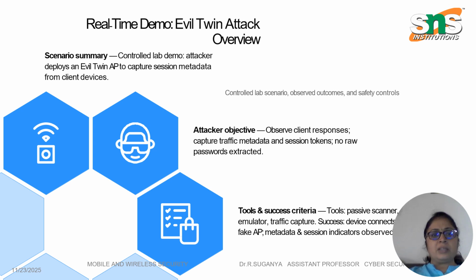The evil twin attack is also one of the scenarios. In the control lab demo, the attacker deploys an evil twin access point to capture session metadata from client devices. The attacker's objective is to observe client responses to capture traffic metadata and session tokens. Whenever they respond, vulnerability happens because the data sent is stored.